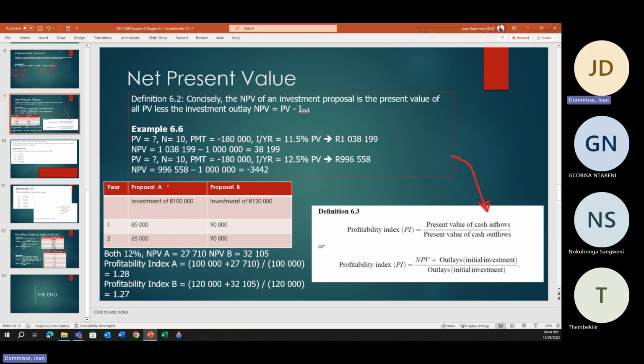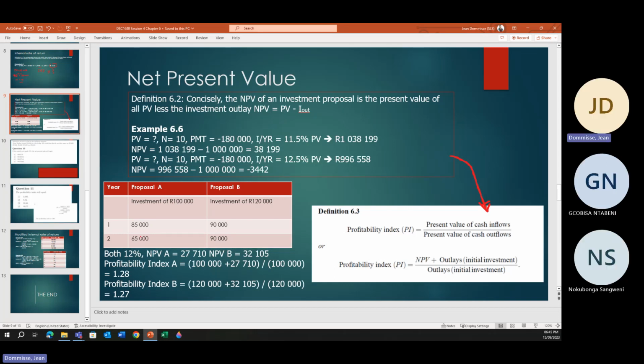So what I've got here is some information. I've got proposal A that says I've got an investment of 100,000. So that was my inflows, and then what I got out of it was 85,000 and 65,000.